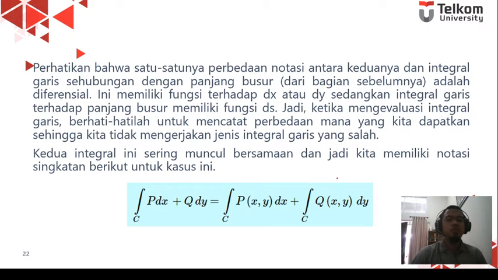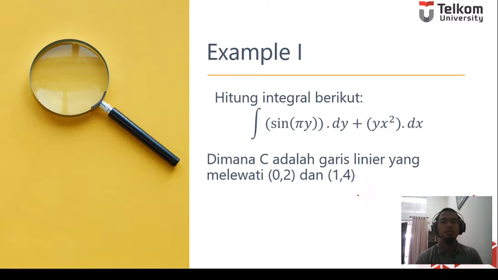In the previous one, we used ds, meaning the component was the curve length, but here the component is a combination of dx and dy. So the integral of P dx plus Q dy equals the integral of P(x,y) dx plus Q(x,y) dy. This is how we can define the integral by dx and dy.